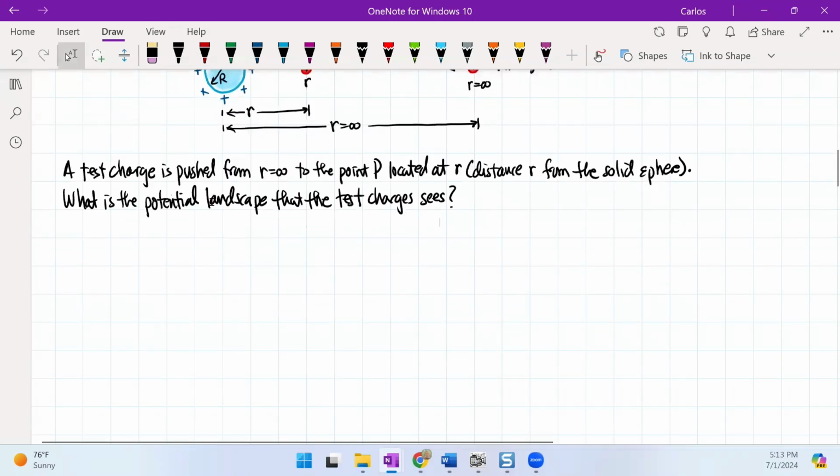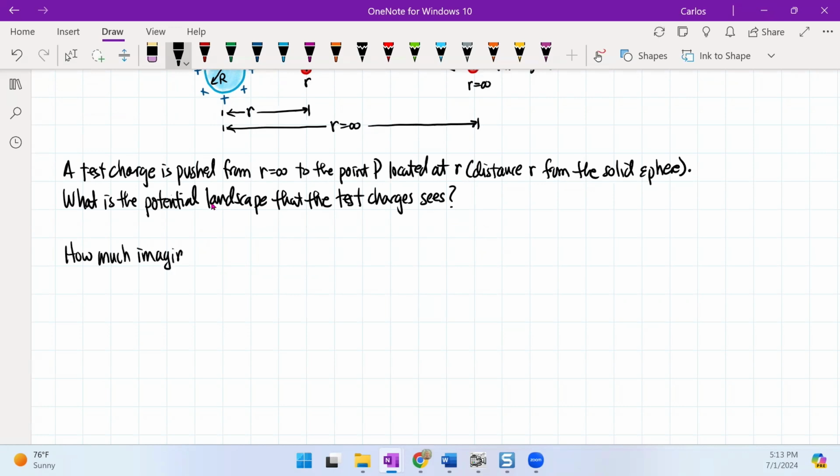What I said before, we're really asking this question: how much imaginary work is required to move this test charge to point P?